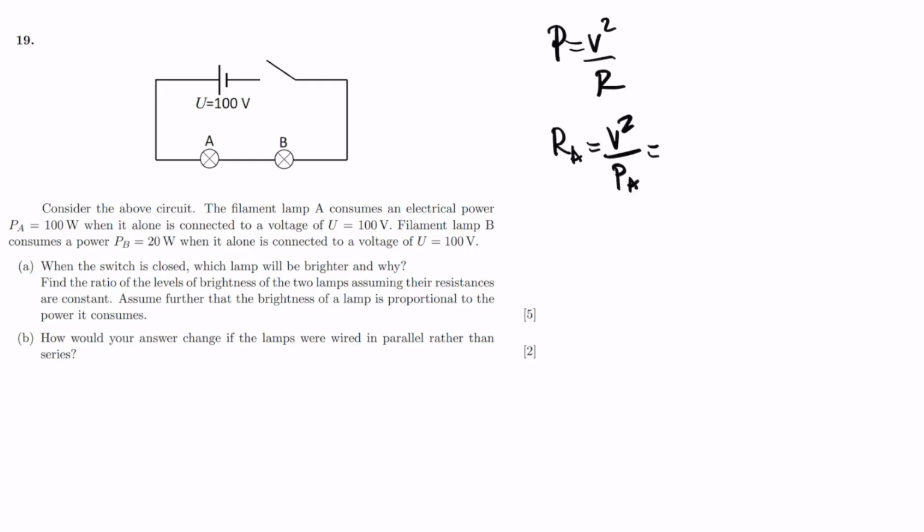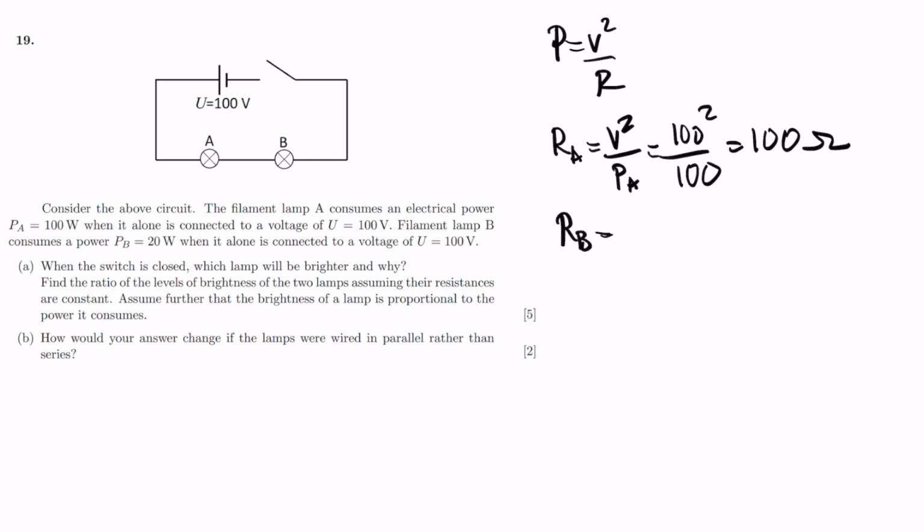What is that going to be? If the voltage is 100 squared, divided by 100, this will just give me 100 ohms. Okay, so far so good. Let's figure out the resistance of B.